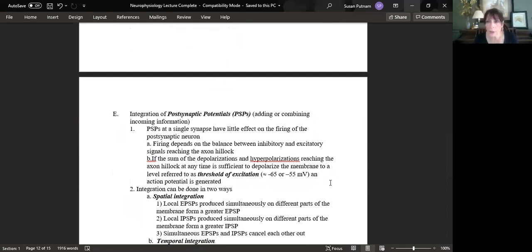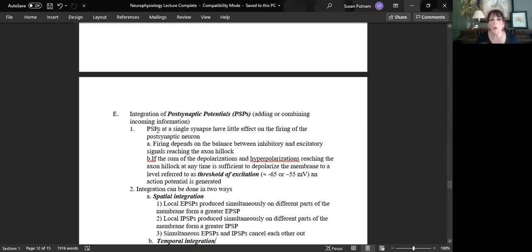How does it decide whether to fire or whether to be quiet? Well, we're going to integrate the information we're getting from all of the postsynaptic potentials.